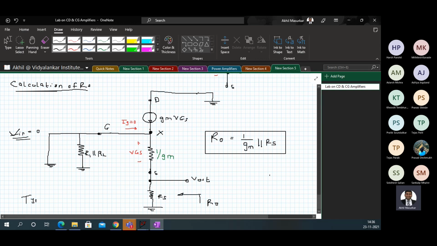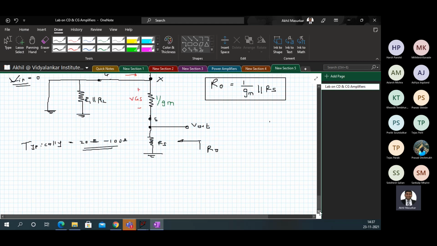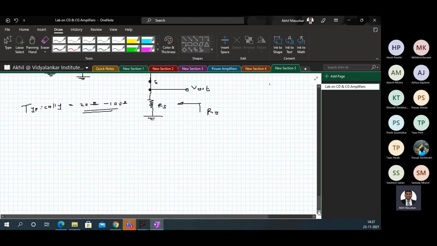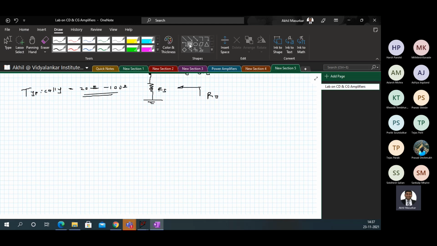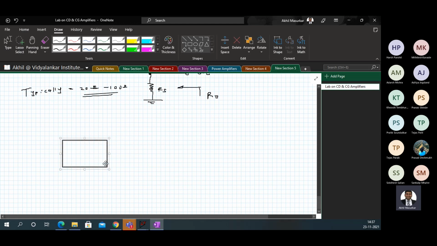Typically R0 will be something like 20 ohms to 100 ohms, and this is the same range in which our speakers and all are manufactured. So generally what is the topology? The topology is like this.